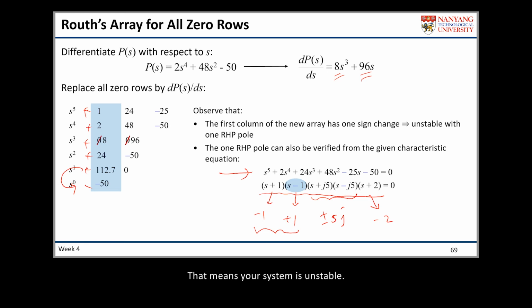That means your system is unstable because you will have a pole in the right hand plane. And indeed, if you look at the poles, we really have one pole in the right hand plane, which is this one. So this agrees also with our analysis in here that there is only one sign change in the first column, and then you will have one pole in the right hand plane.